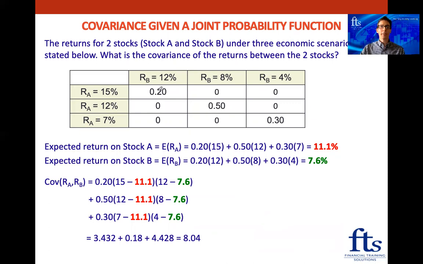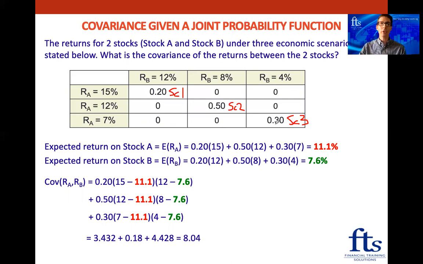Let's call this scenario 1: a 20% probability of scenario 1 happening. This one is scenario 2: a 50% probability of scenario 2 happening. And this one is scenario 3: a 30% probability of scenario 3 happening.